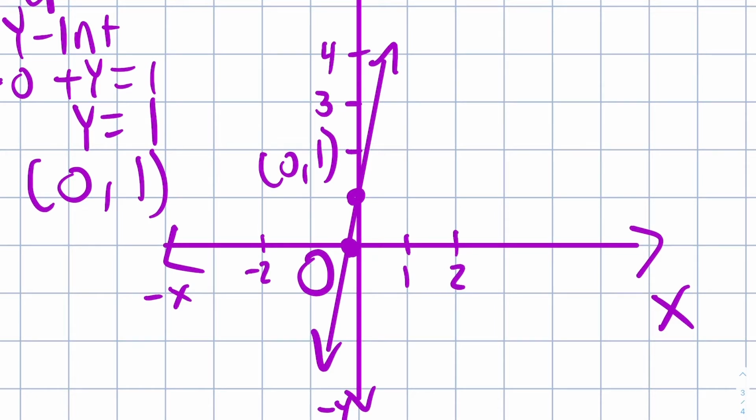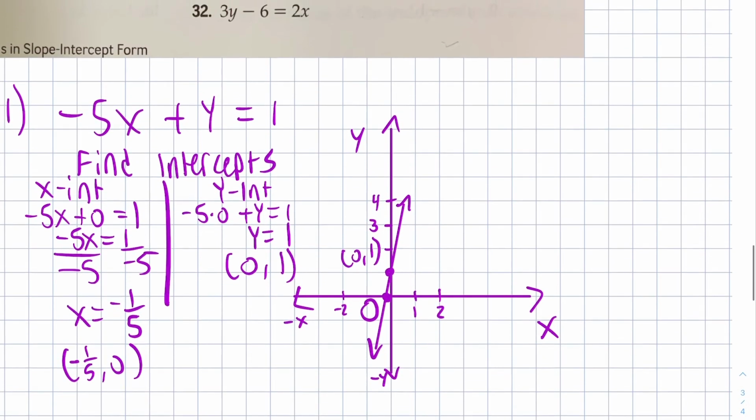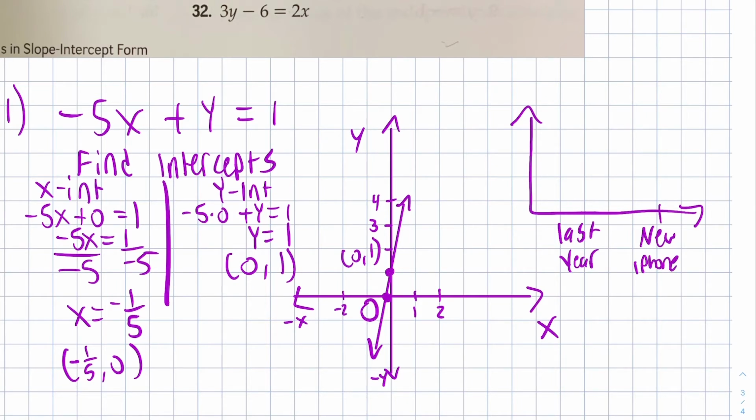How news people and advertisers mislead customers is that they'll make a graph and then they'll put their product super high and they'll put the competing product lower. They'll make some random graph and say last year, and then they'll say new iPhone 13 or whatever, and they'll say performance.